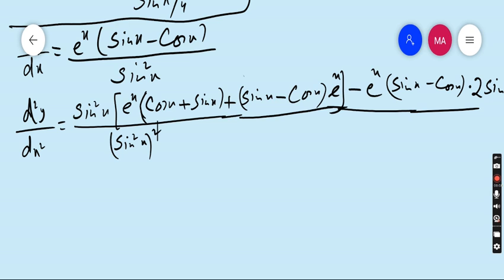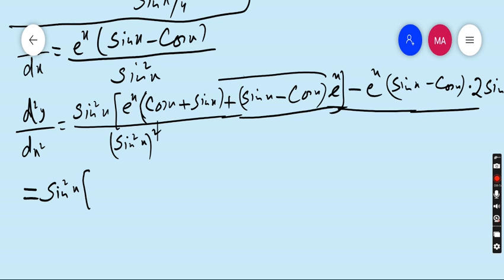So before we put the value of x, first we simplify it.